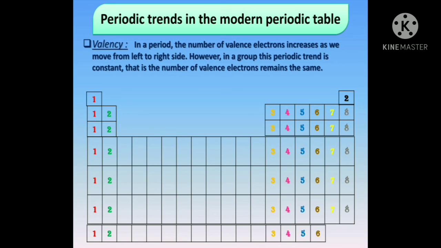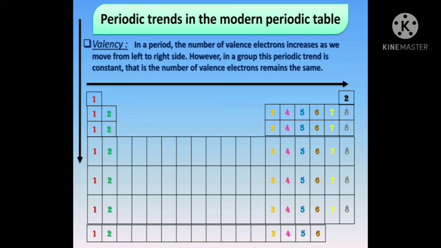In the second period, you will see 1, 2, 3, 4, 5, 6, 7 and 8. These are the valence electrons. So, again, in a period, the valence electrons increase as we move from left to right, and in a group, it remains constant, that is, remains the same.